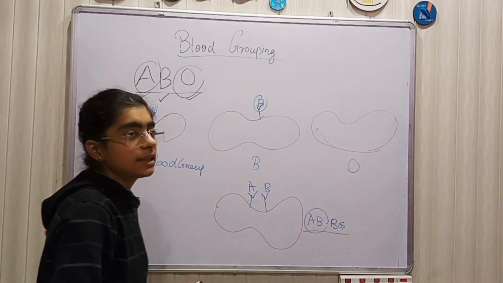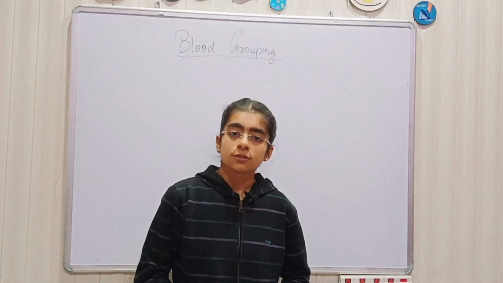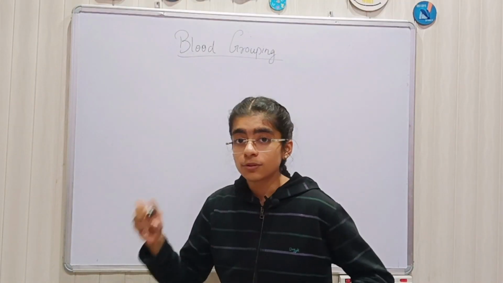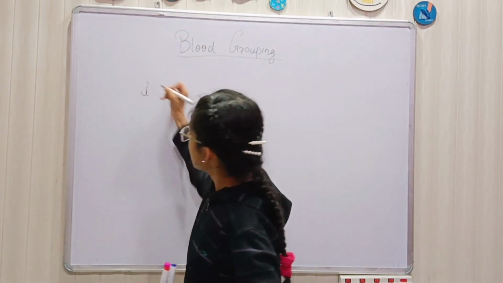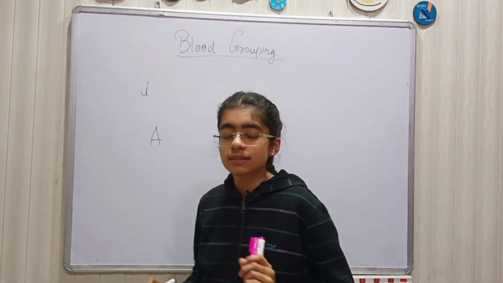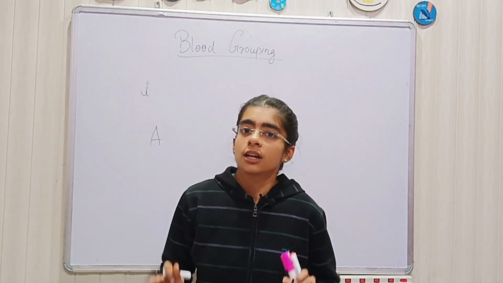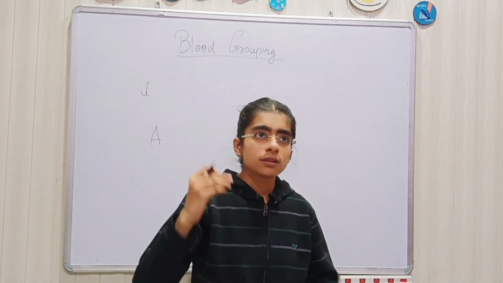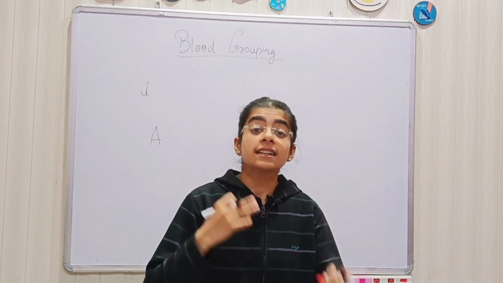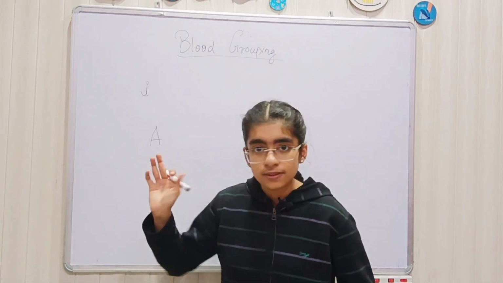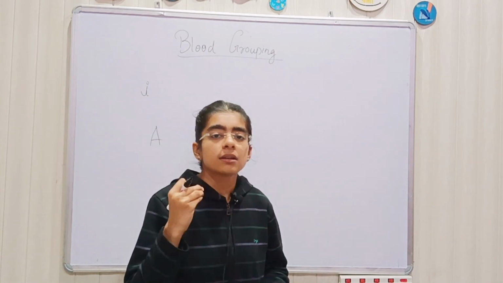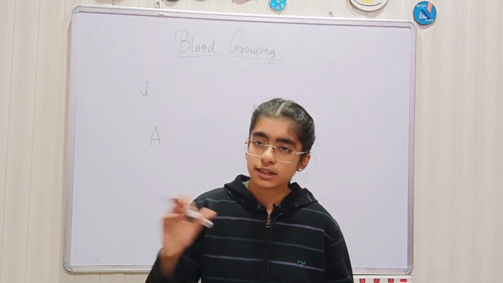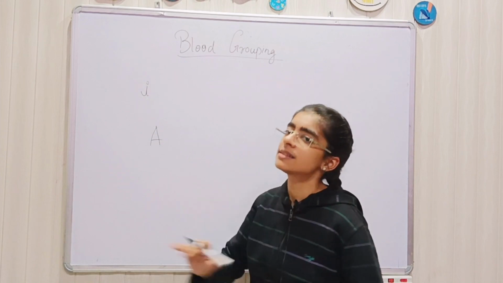Next, I will discuss the inheritance of these blood groups. For inheritance, we have to understand what is the allele. If you write A, this will not represent the allele here, because for every gene or for every trait we have a specific allele, with a specific letter that we use while writing the inheritance pattern.